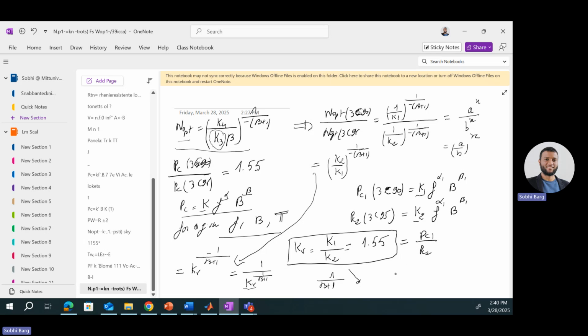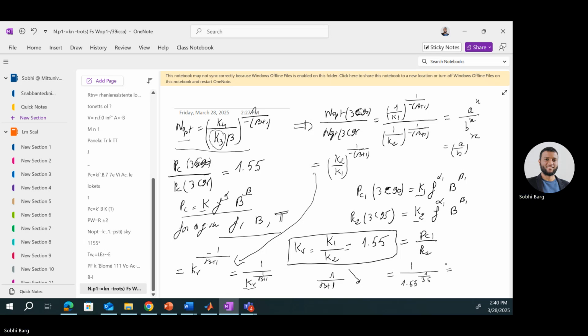So here I can replace it. The ratio of the optimal number of turns is equal to 1 over 1.5 to the power of 1 over 3.5.